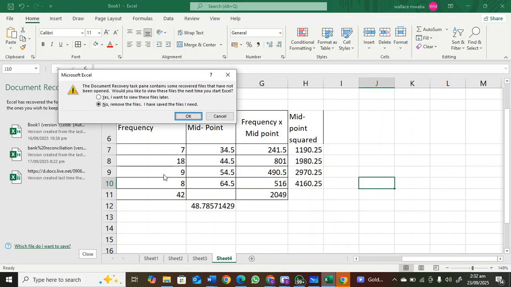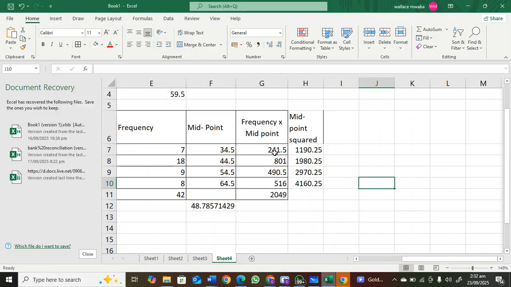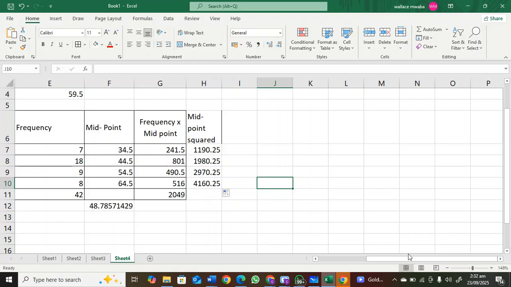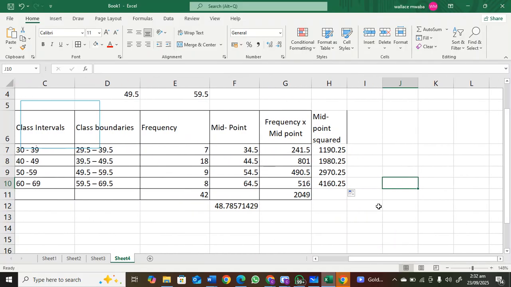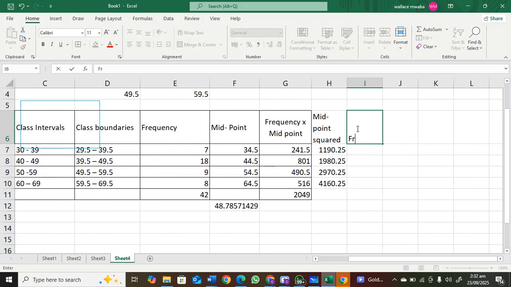After we square the midpoints, that's when we multiply them by the frequencies. Frequency multiplied by midpoint squared.